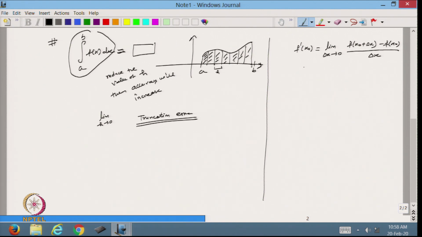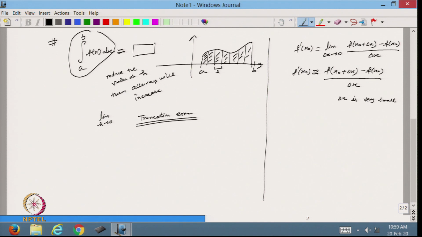In this case we just approximate the derivative with f(x naught plus delta x) minus f(x naught) divided by delta x, where delta x is very small.